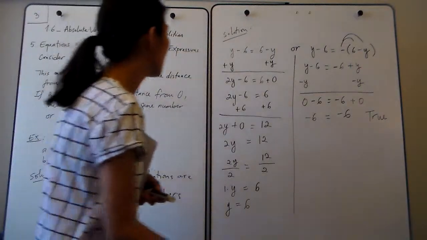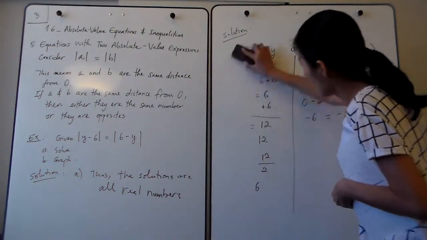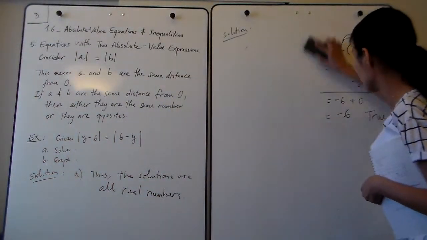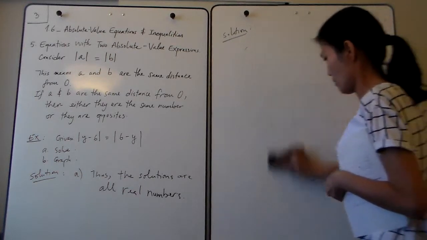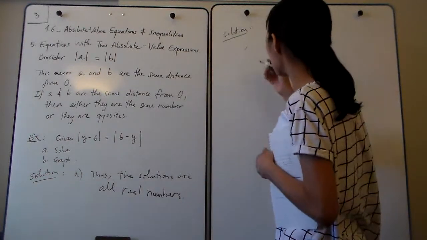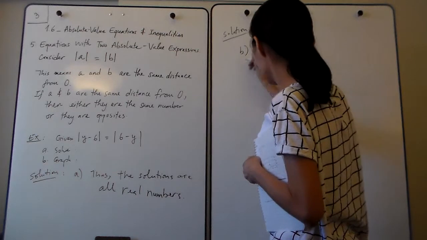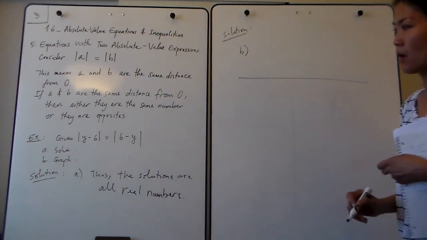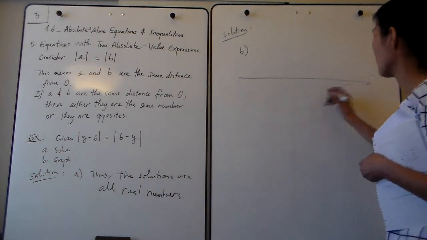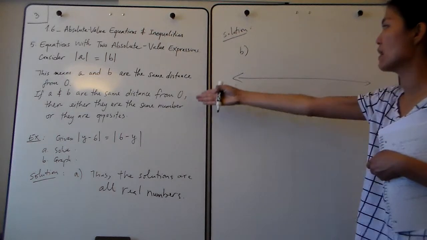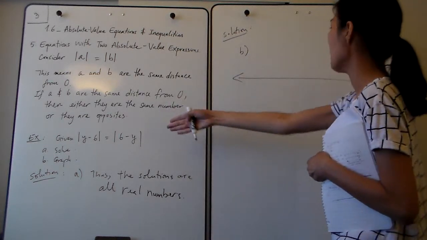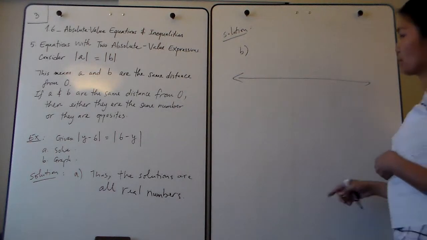If you draw a number line, right? So this number line goes negative infinitely to the left, positive infinitely to the right.